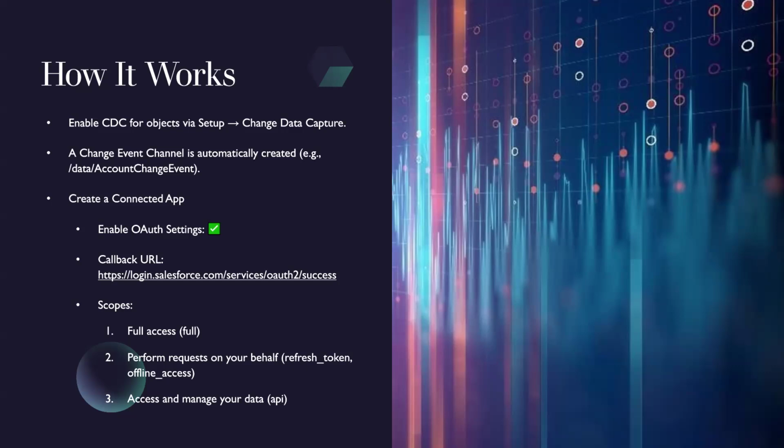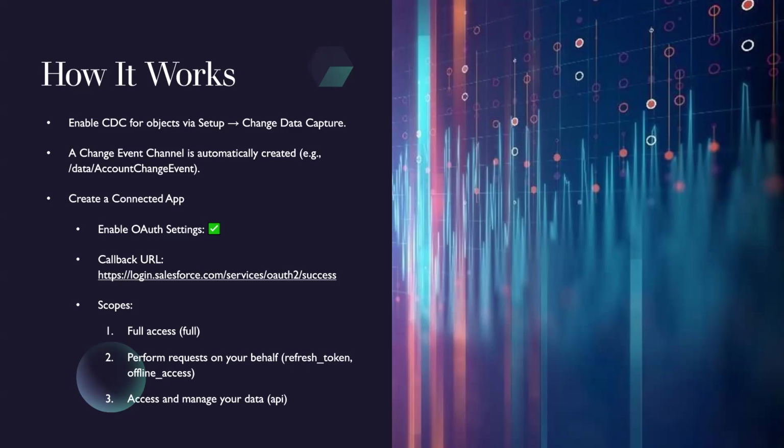You can provide these three scopes. One is full access, and then perform requests on your behalf, so basically they can read the refresh token and have offline access. And then you also need to provide access to manage your data API scope as well.